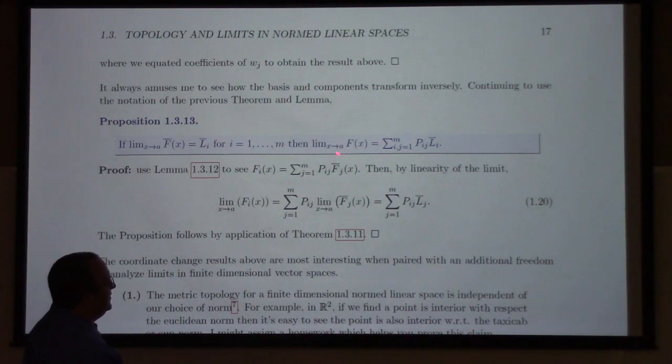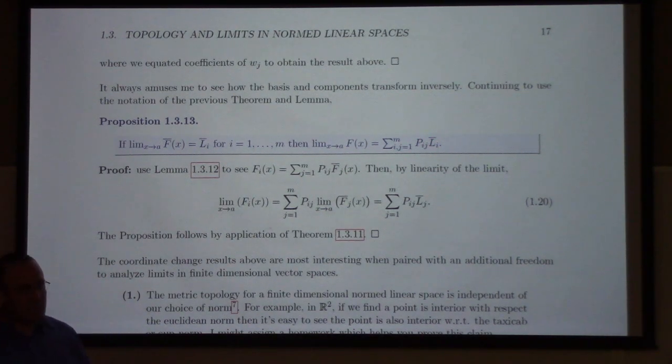Then you can build the limit of the function in terms of the change of basis matrix and the limits. So if I can calculate limits in one basis, I can assemble the total limit using the change of basis matrix if I want. I could also just straight up build it as a linear combination of the basis, but this gives me a connection between limits calculated in one basis and another.